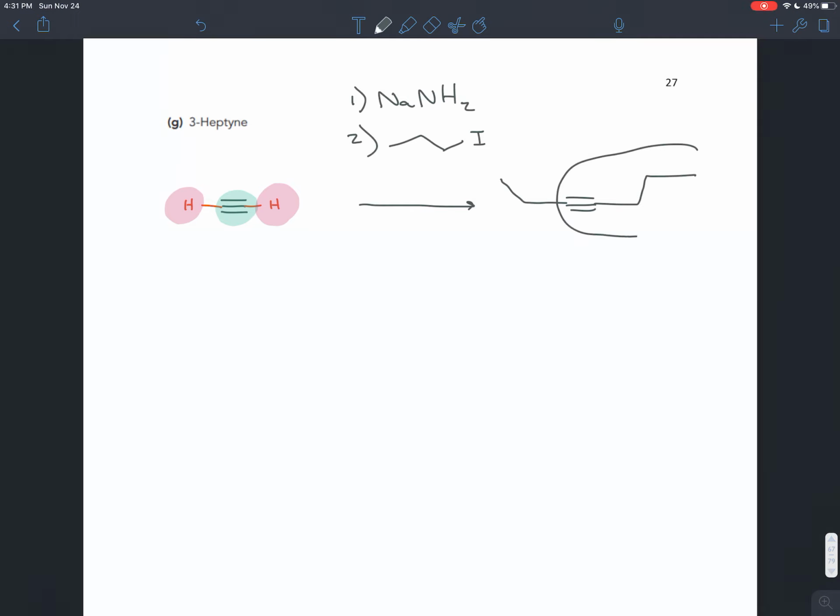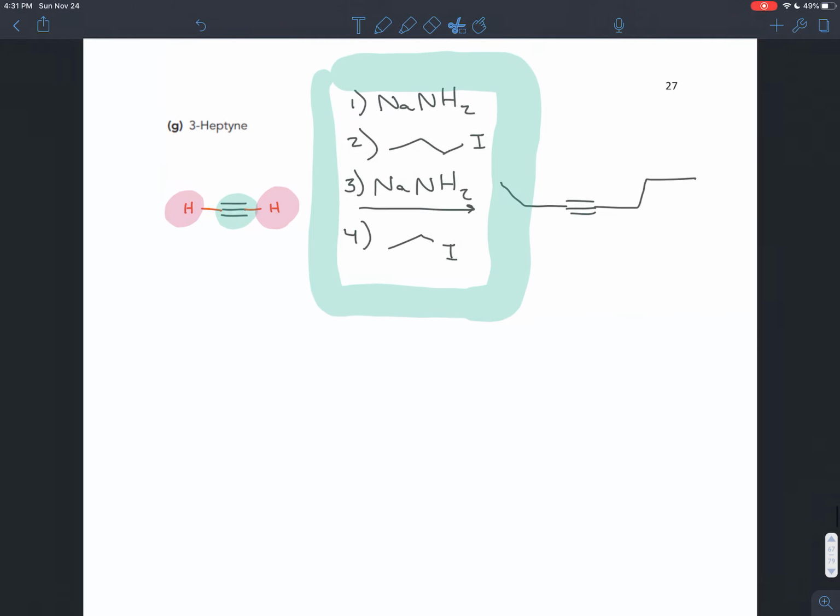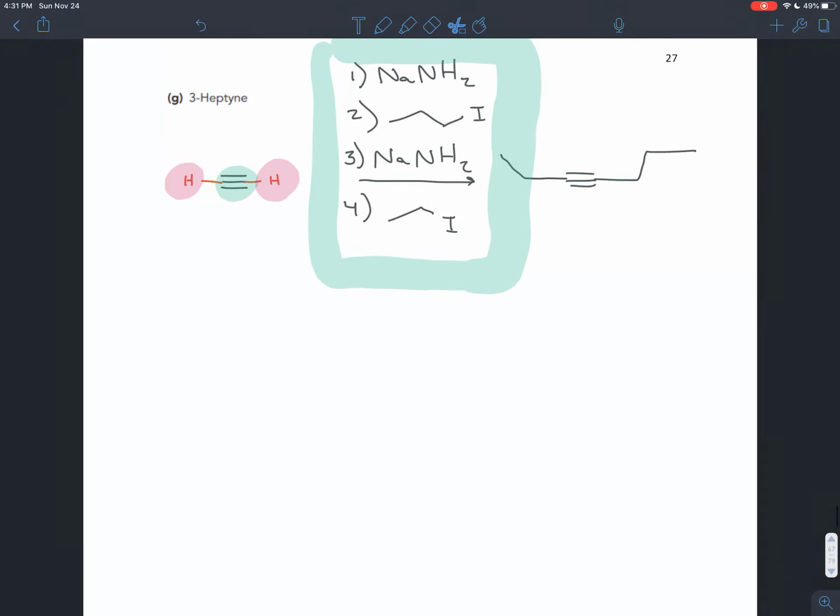So those 2 steps will create this part of the molecule. To create the other end, we rip this other hydrogen off using sodium amide, and we follow it up with however many carbons we want, here 2, with a leaving group on it. And that recipe will allow you to create that transformation, really through 2 successive SN2 reactions.